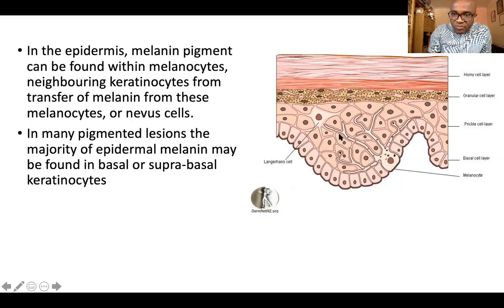These are the brown dots in the melanocytes, which carry the melanin. So we all have the same number of melanocytes, but in a dark skinned person, you have more melanosomes.